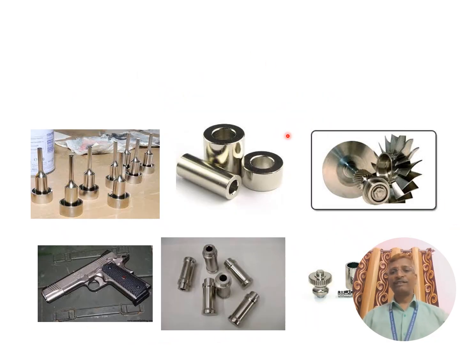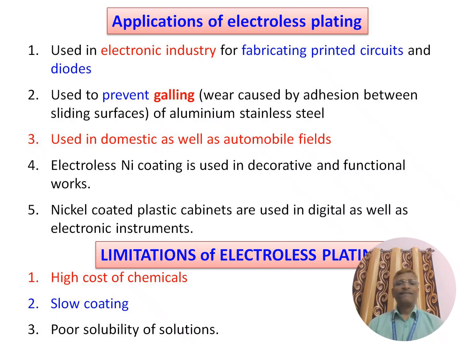So these are some of the objects, examples of electroless plating. And what are the applications of electroless plating? It is used in the electronics industry, especially for fabricating PCB, and to prevent galling, that is wear caused by adhesion between sliding surfaces.